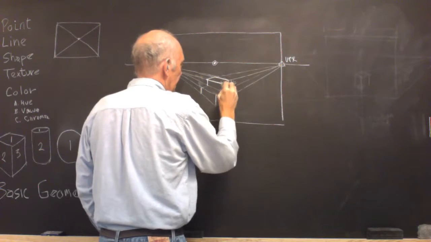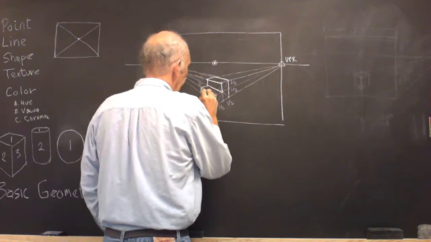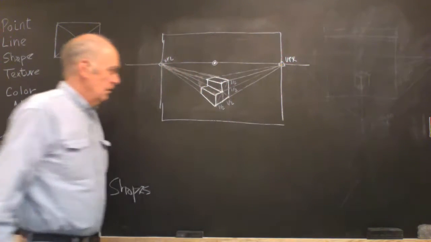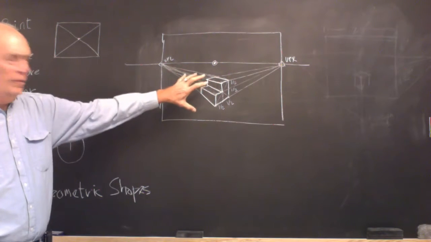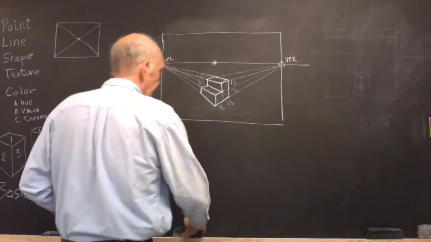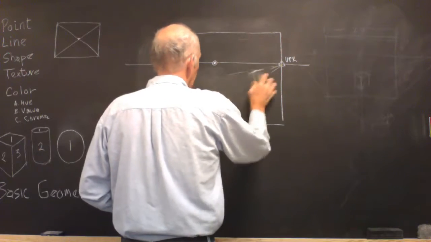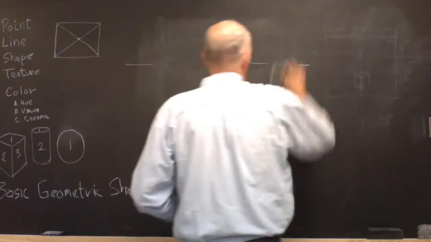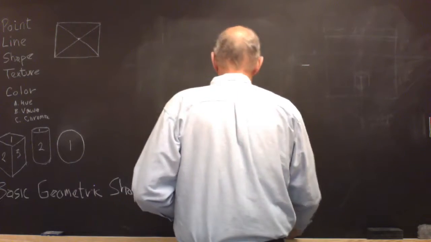Now I'm going to change the construction lines into emphasis lines. So what I did was to cut out a section of this block. I'm going to get a little big.